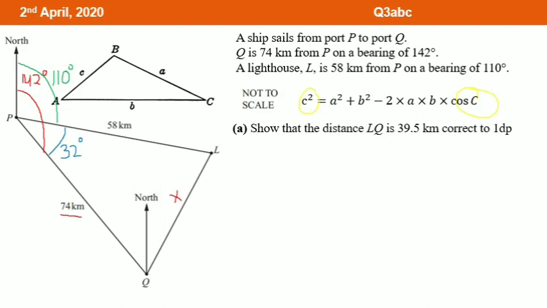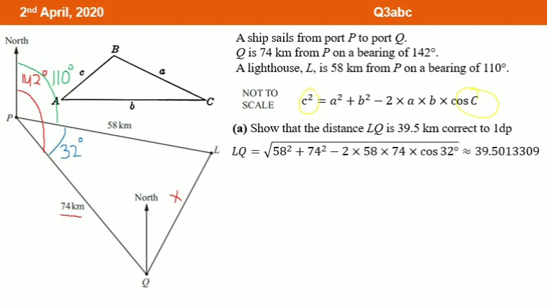So it will be written as LQ is equal to the square root of 58 squared plus 74 squared minus 2 times 58 times 74 times cos 32. You can type it using your own calculator. If I round off to one decimal place, the answer will be 39.5 kilometers.